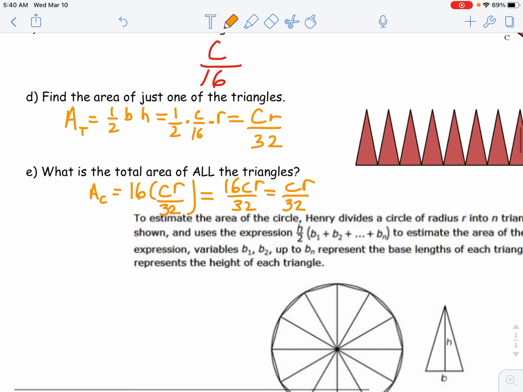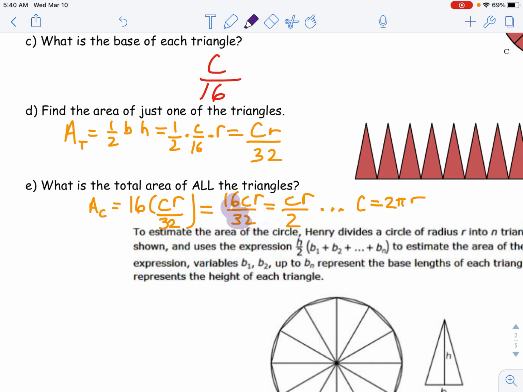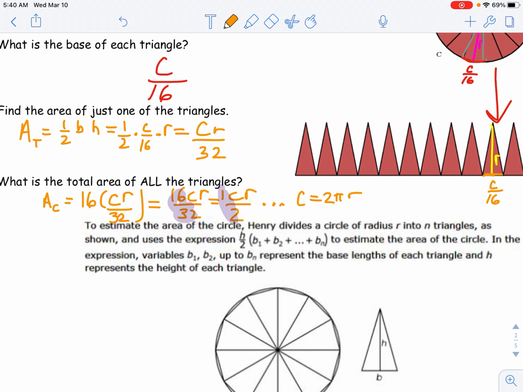Now, something else we have to realize: circumference of a circle equals 2 pi r. Oops, I meant to write that as C over 2. Rewinding really fast, 16 over 32 becomes 1/2. Then plugging in 2 pi r for C, we get 2 pi r times r over 2, which just becomes pi r squared.